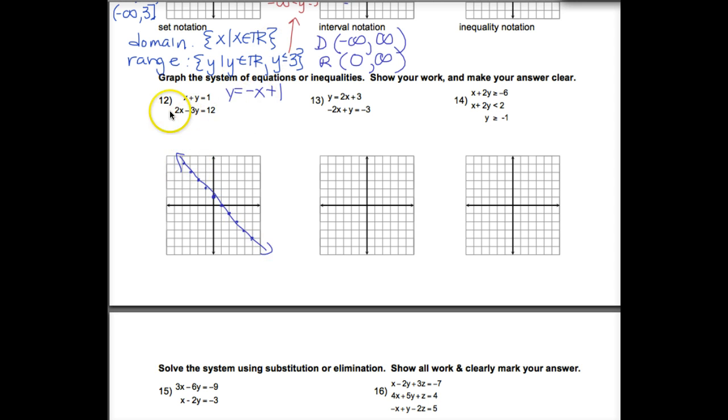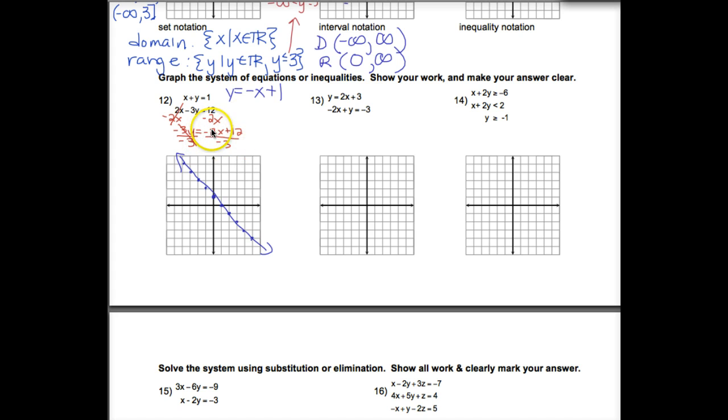Then this one, I need to get y alone, so I subtract the 2x first. These cancel. Don't forget to bring the negative sign with you. That's -3y equals -2x plus 12, or 12 minus 2x, whichever way you write it. Now divide by -3. So those cancel.